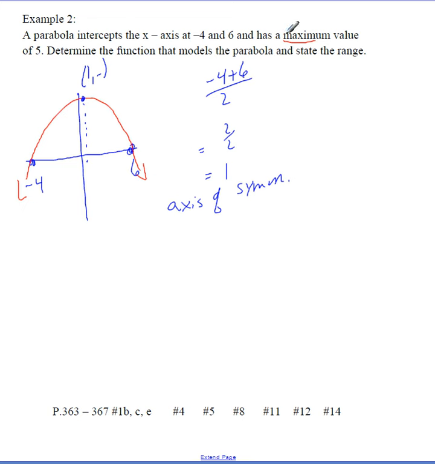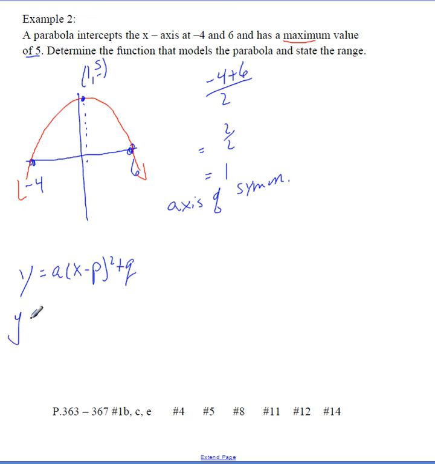Now, we're told it has a maximum value. Actually, we already have that because we're told it has a maximum value of 5. So that number goes here. So we fill in what we know for the equation. Y equals a, x subtract p squared plus q.